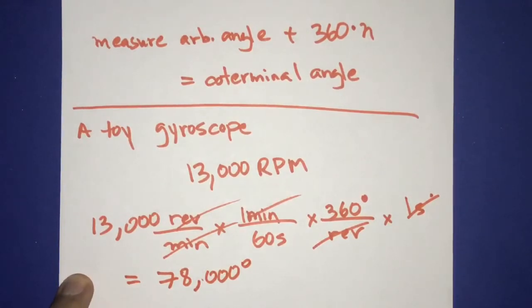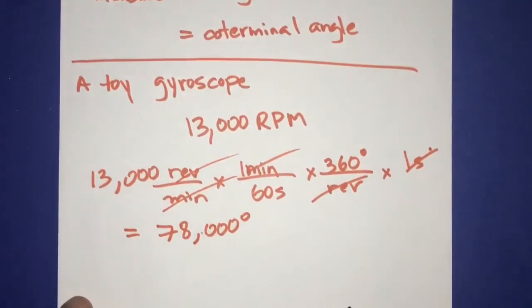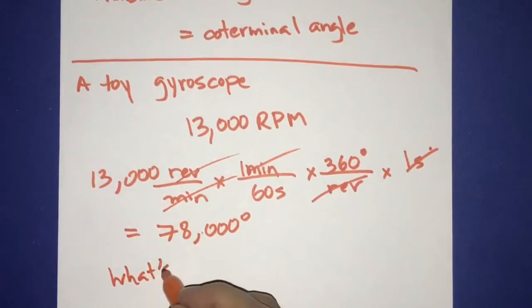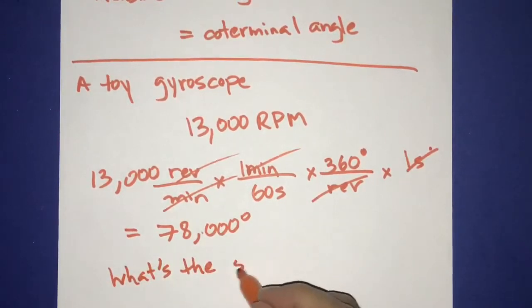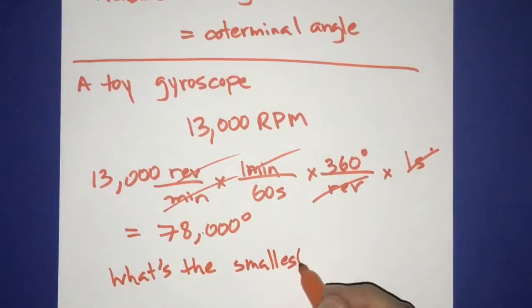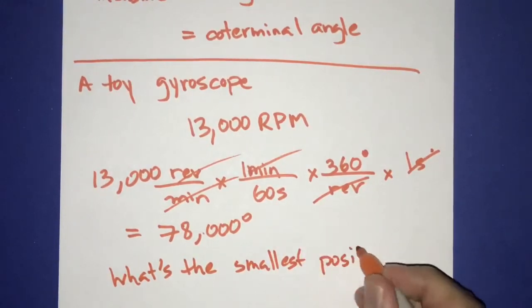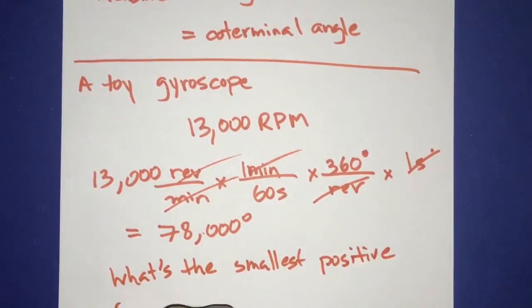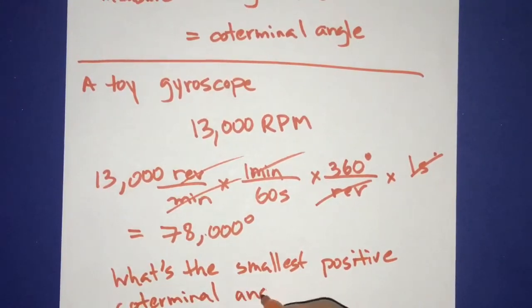Okay. Now, if we want to use the concept of coterminal angles, let's go ahead and see what's the smallest possible, and we're going to choose positive, coterminal angle that 78,000 degrees applies to.